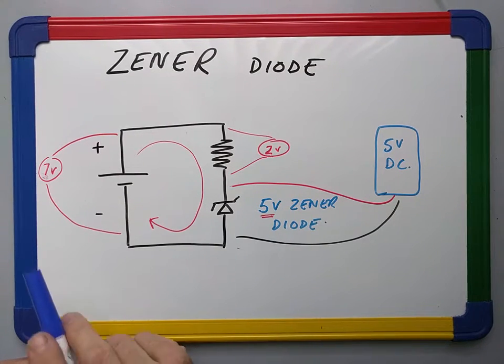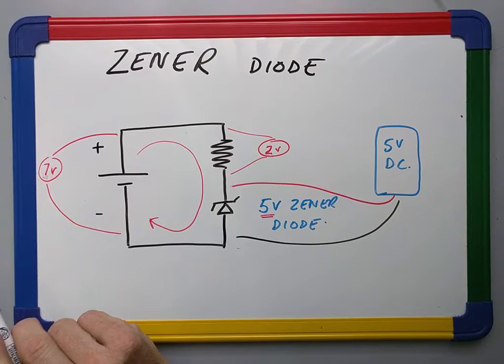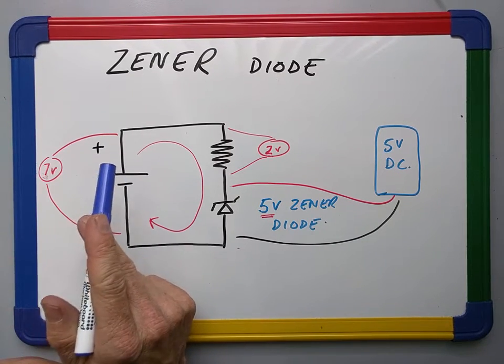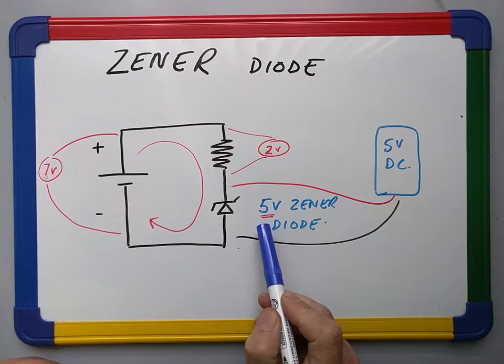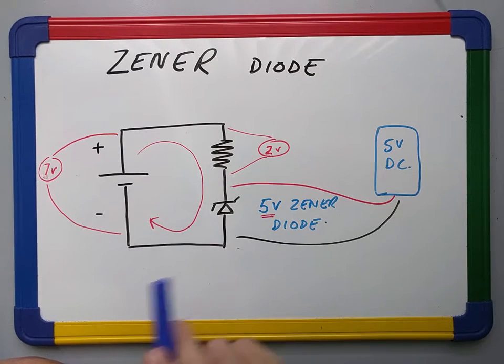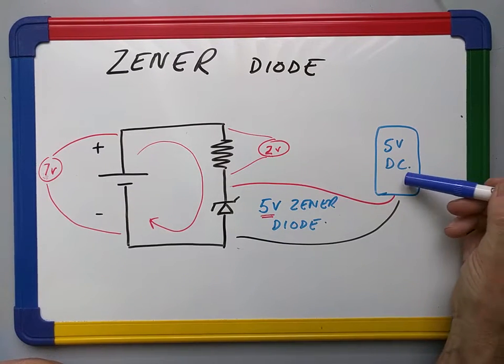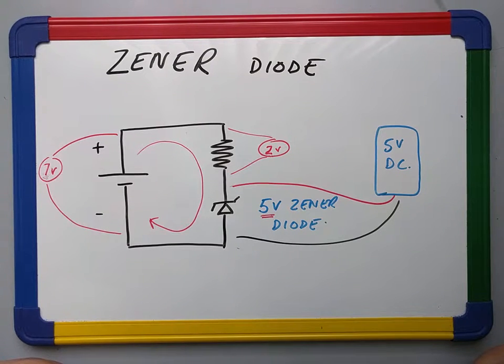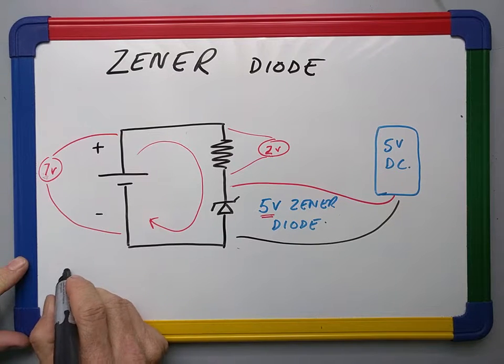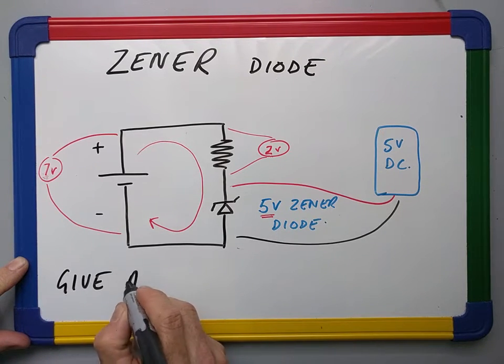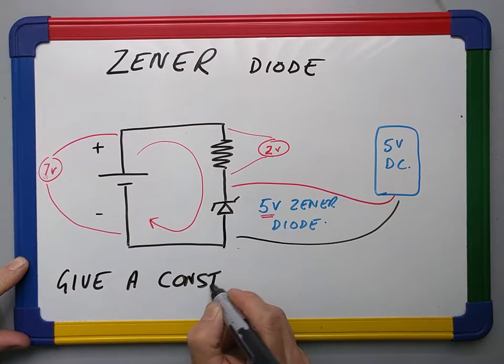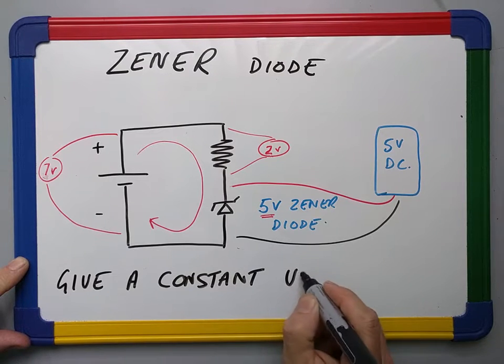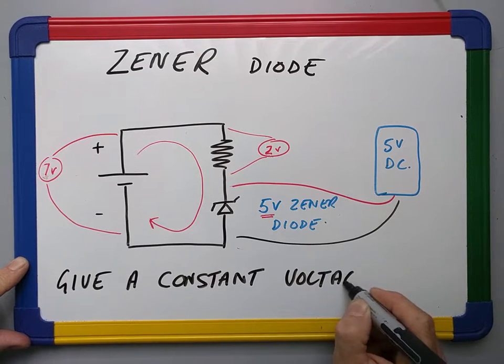We would also know that as the battery voltage drops from 9 down to 8, down to 7, down to 6, this voltage would stay constant, which is what our mobile phone wants. Must always be supplied with 5 volts DC. So the usual purpose for a zener diode is to give a constant voltage where that's needed.